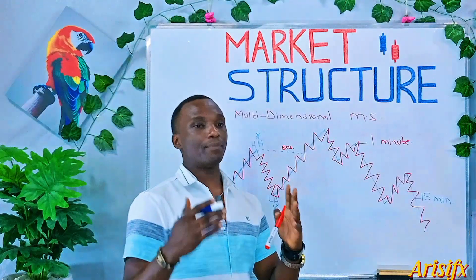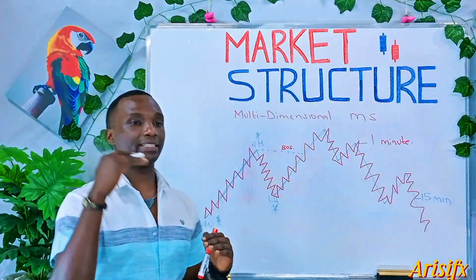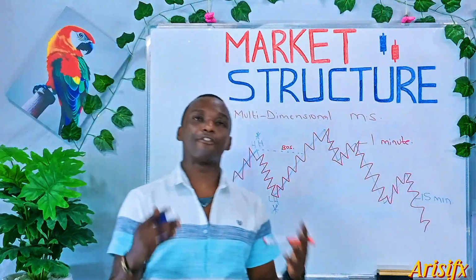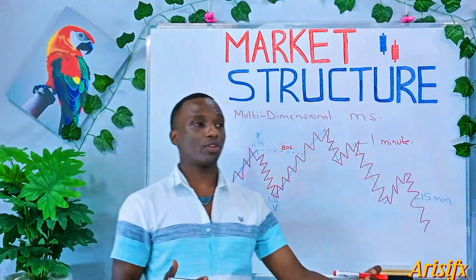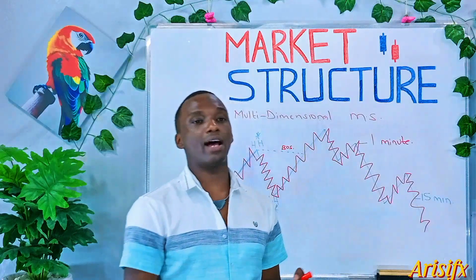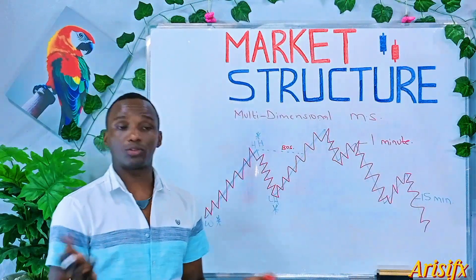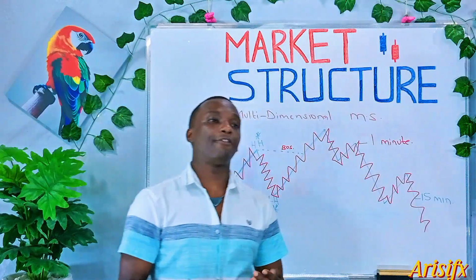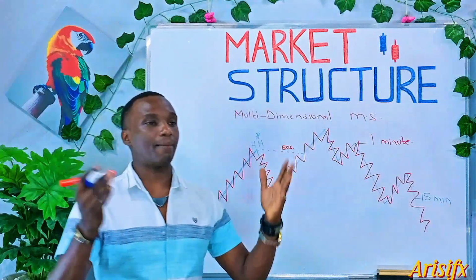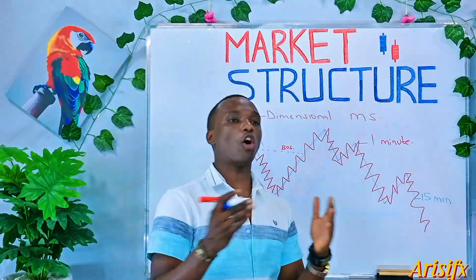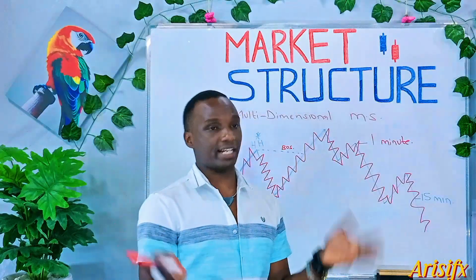But when you come from top down analysis, let's say from the daily time frame down to the 4 hour time frame, to the 1 hour time frame, the 15 minutes time frame, and even to the 1 minute time frame, you look for confluence on all those time frames.